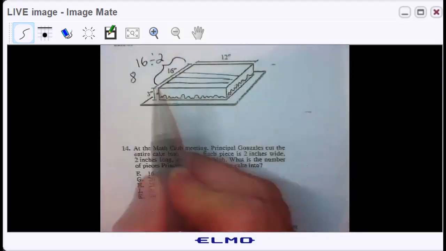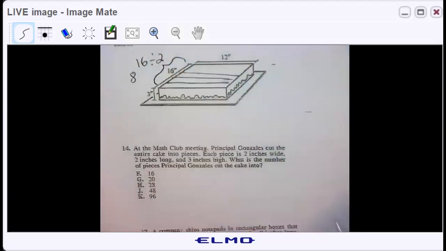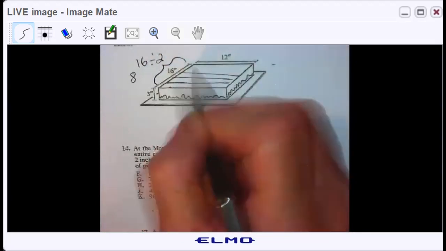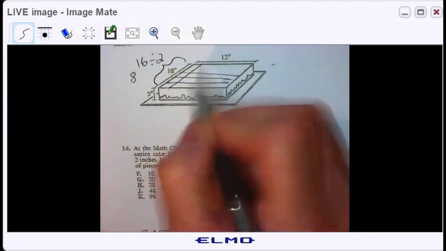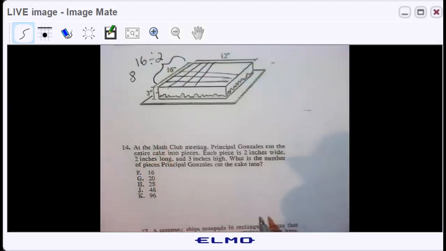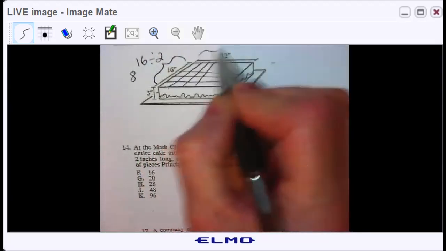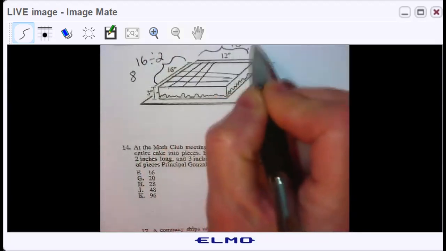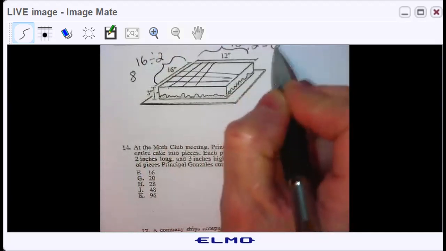So we would be able to cut 8 lengthwise cuts on that part of the cake. And then you could do the same thing with this other dimension. So the cake would end up looking something like so when you were cutting it. We could take the 12 and divide by 2 to get 6.